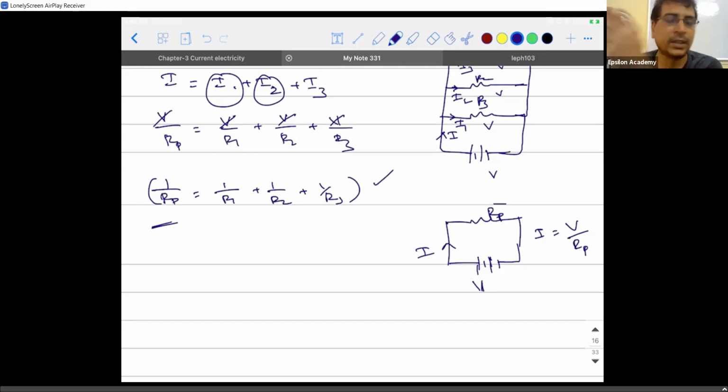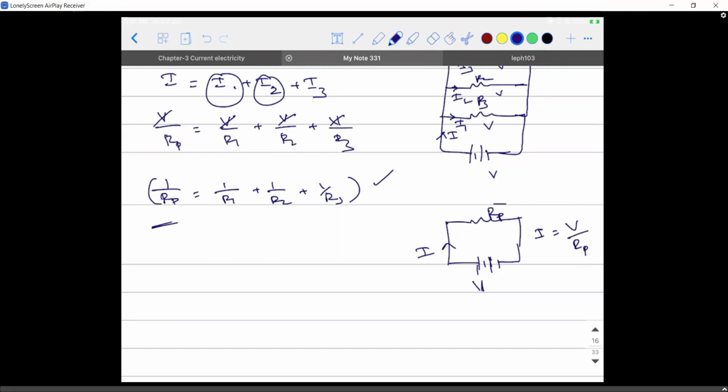So now tell me one thing. By connecting the devices in parallel, is the equivalent resistance going to decrease or increase? Resistance will decrease. What do I mean by decrease? Decrease the ohm.